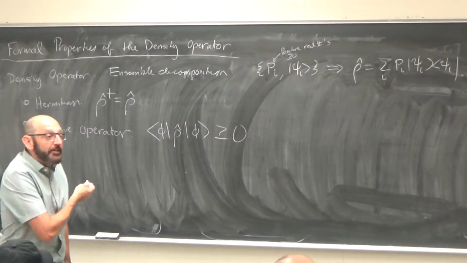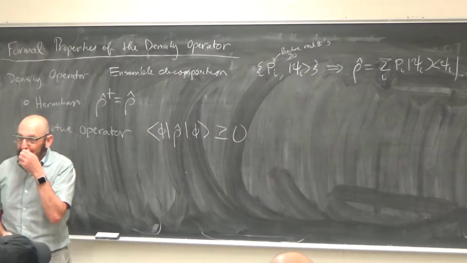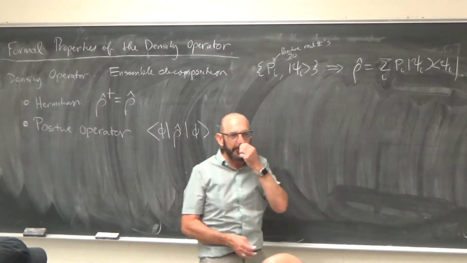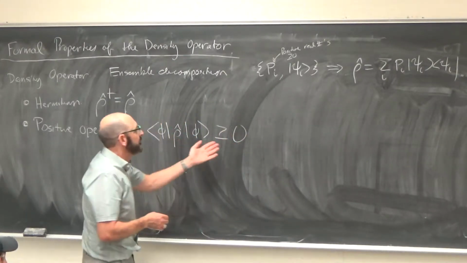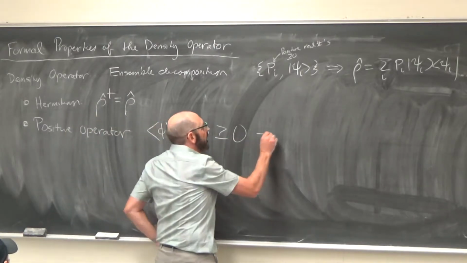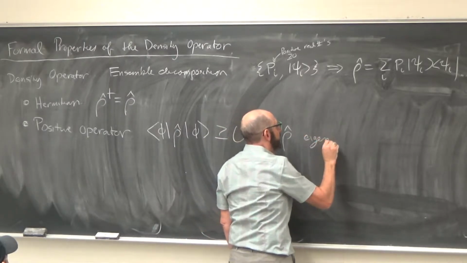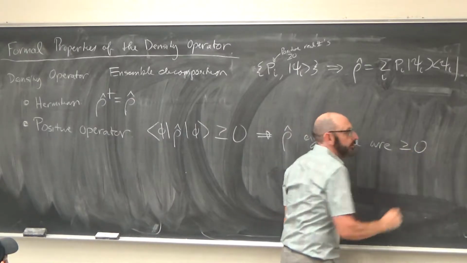Now, how do we know that's true? Well, one way we know that's true is that the diagonal element is supposed to be a probability, right? And we see that in this particular case. And since it's Hermitian, it's a real number, greater than or equal to 0. Another way to say that is that its eigenvalues are greater than or equal to 0.